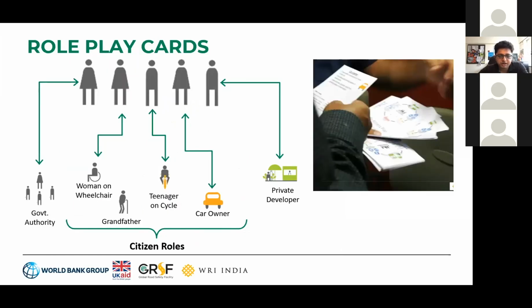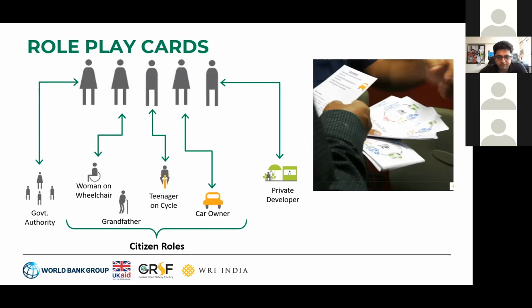After the interactive board, we have these role play cards. When you split into groups, we'll get into greater detail explaining what these roles are. But in a broader sense, we have the government authority, who will be a decision making person. Then we have the citizen roles, which are a woman on a wheelchair, grandfather, teenager on a cycle, and a car owner.